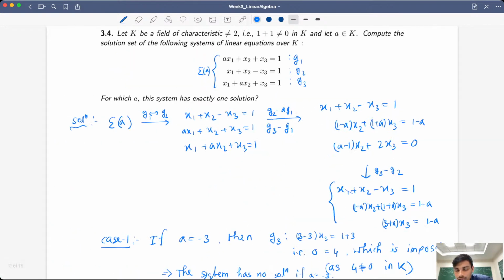Or another thing is that if 1 plus a is again 0, that means a equal to minus 1, then you get 2x2 equal to 2. So again you get x2 equal to 1, and in this case x3 becomes, so that is particular.